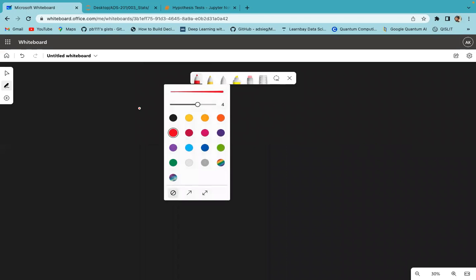Let's go for the Z test. Here you should try to understand the difference between the Z test and a t test. When should we apply the t test and the Z test? The first primary thing is sample size.